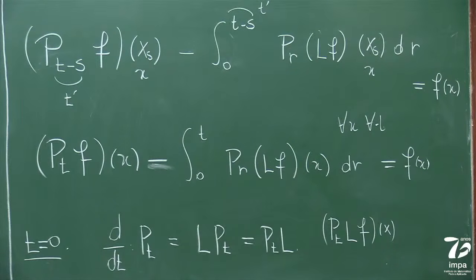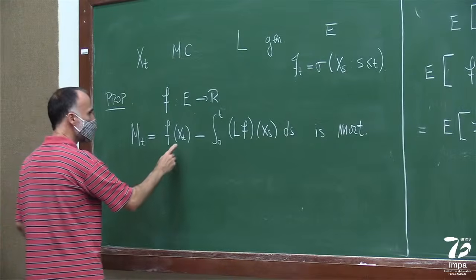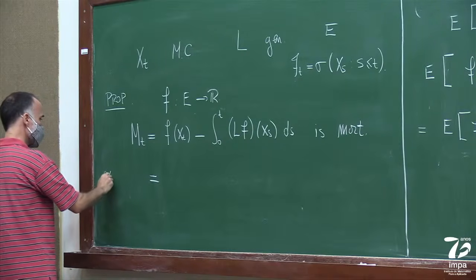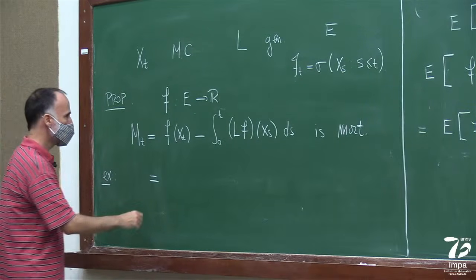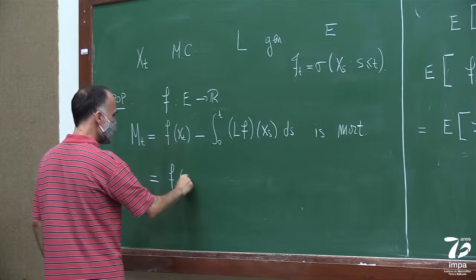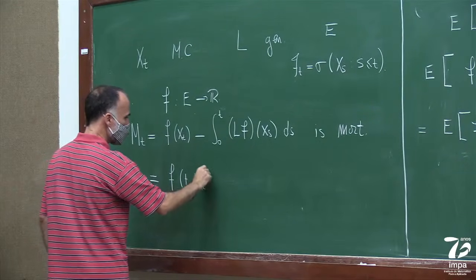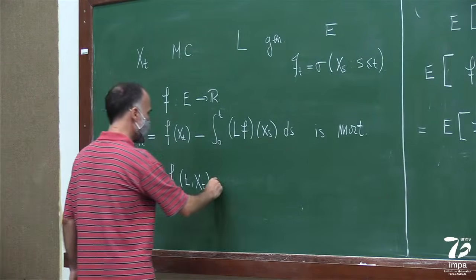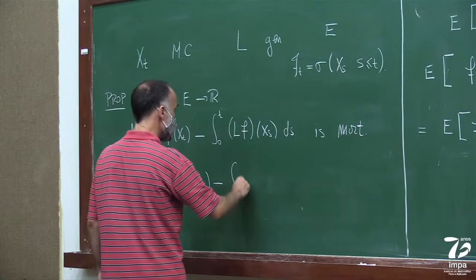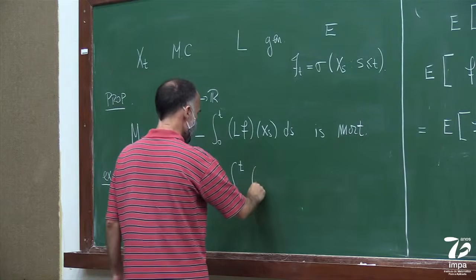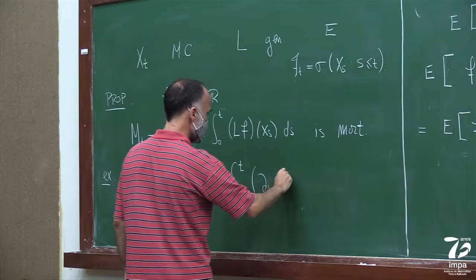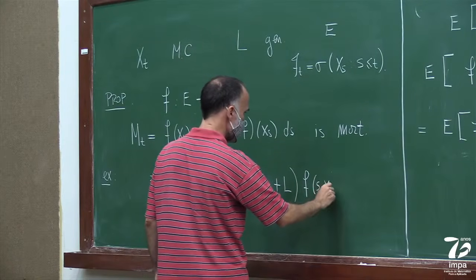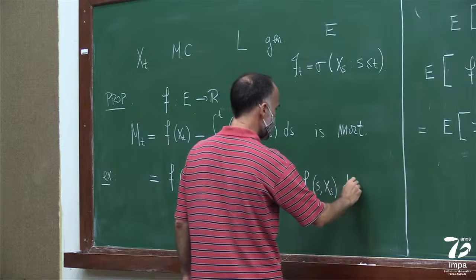Now, sometimes we will need functions which depend on time. So I leave it to you as an exercise, but the proof is exactly the same, to show that if I take a function which depends on time and space, f(t, X_t), then this minus the integral from 0 to t of (d_s f plus L applied to f)(s, X_s) ds is a martingale.